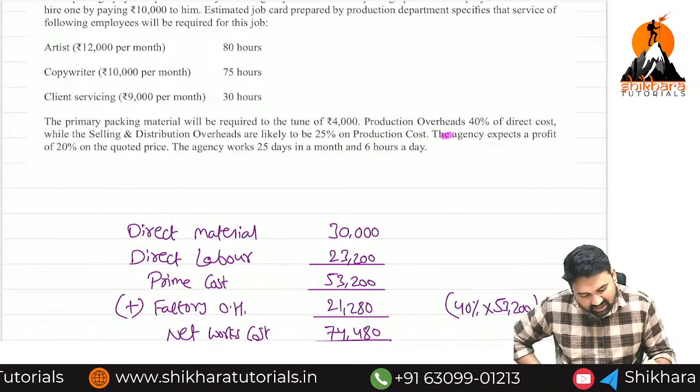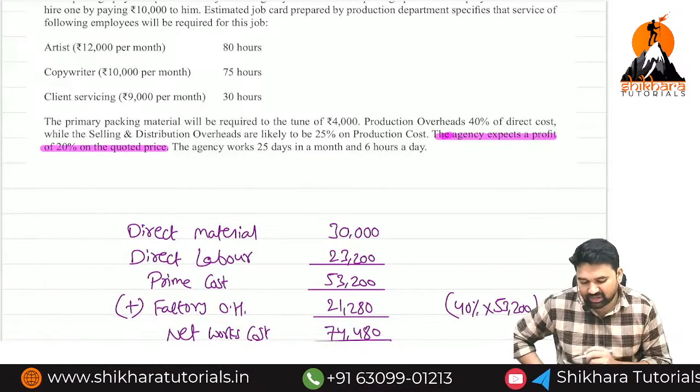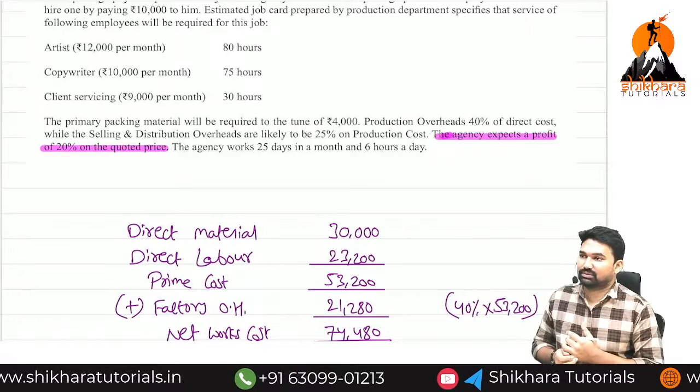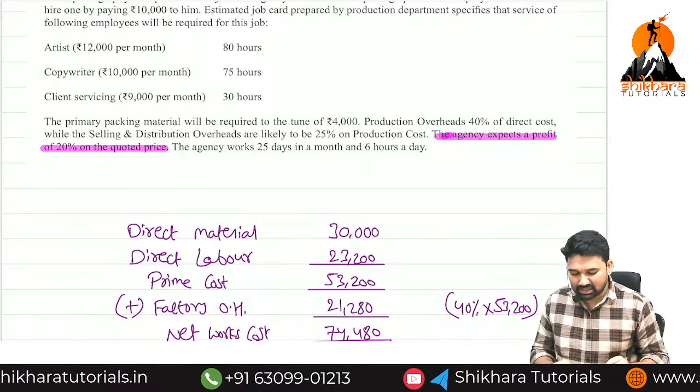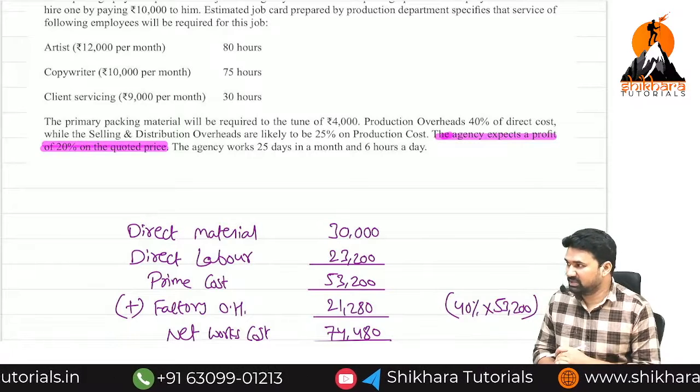So after that, what is he saying? The agency expects a profit of 20% on the quoted price. Quoted price means selling price. On sales, how much profit is it expecting? 20%.